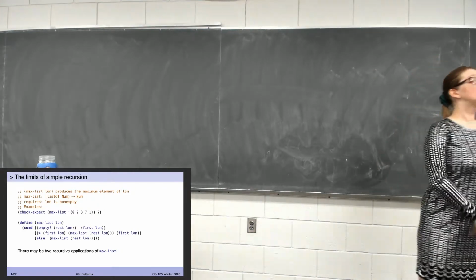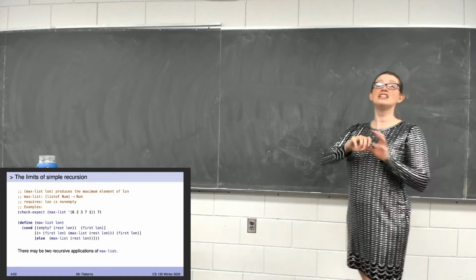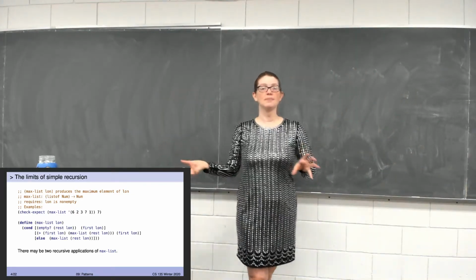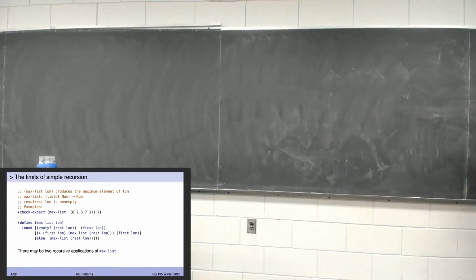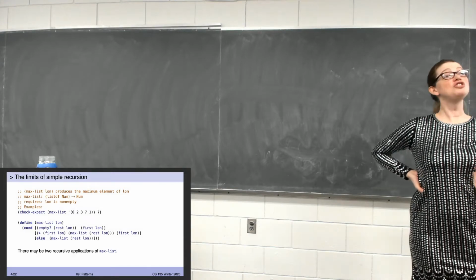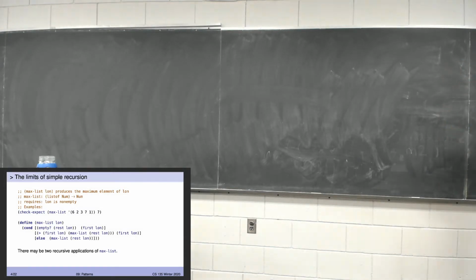Otherwise, I need to know if the first item of my list is bigger than the max of the rest of the list. So I'm going to compare the first of the list to the maximum from the rest of the list. And if that is true, then the biggest element of the list is the first item. If it's not true, however, then I need to compute the max from the rest of the list.